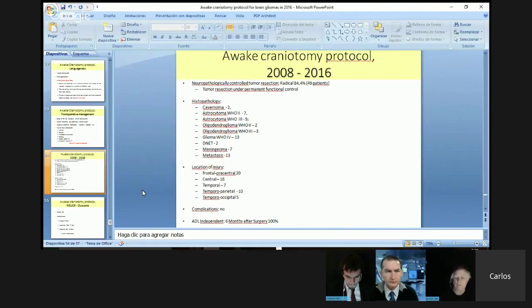Locations of the lesions were frontal precentral in 20 cases, central in 16, temporal 7, temporoparietal 10, temporooccipital 5. We had no complications, and activities of daily living were independent at 6 months after surgery in 70%.